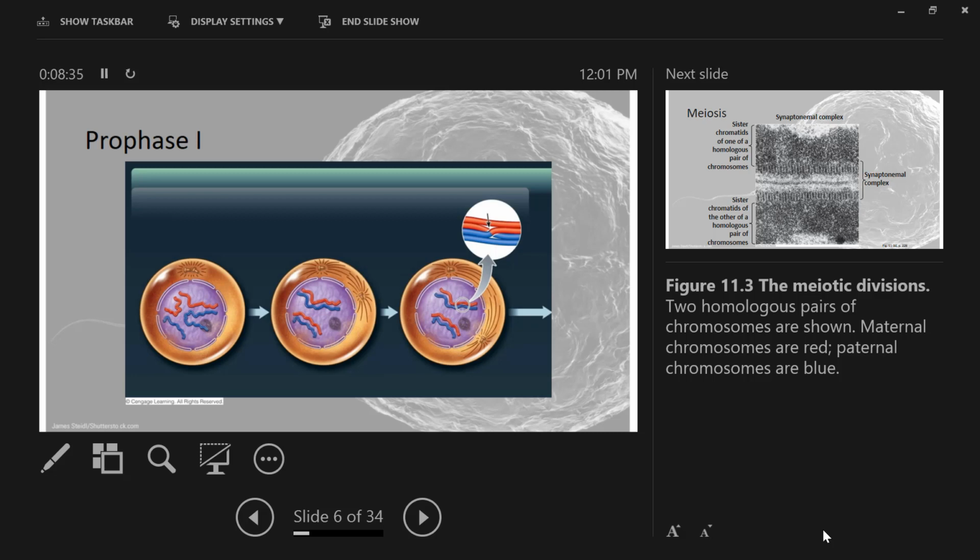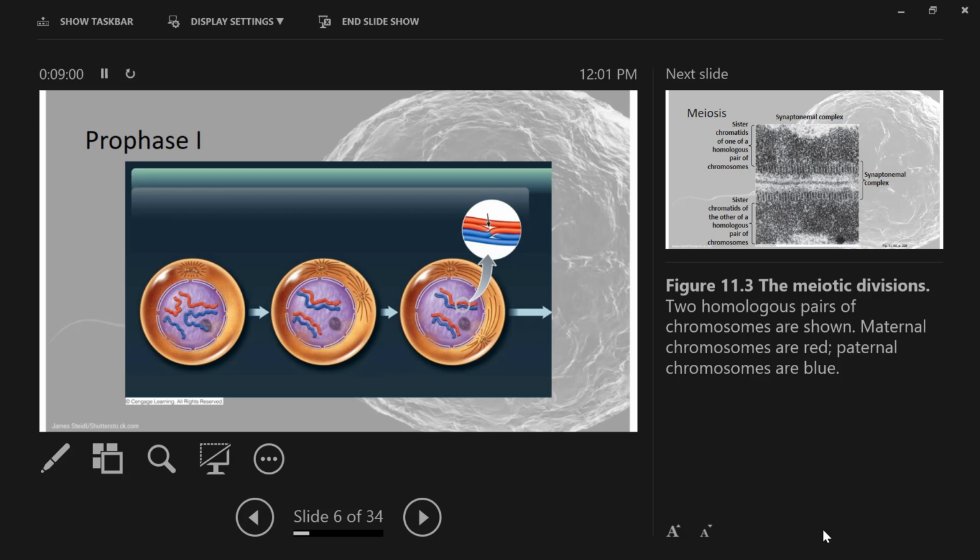A portion of the maternal chromosome is actually getting in and interacting with the paternal version of chromosome 1, and vice versa. This is called crossing over, or recombination.